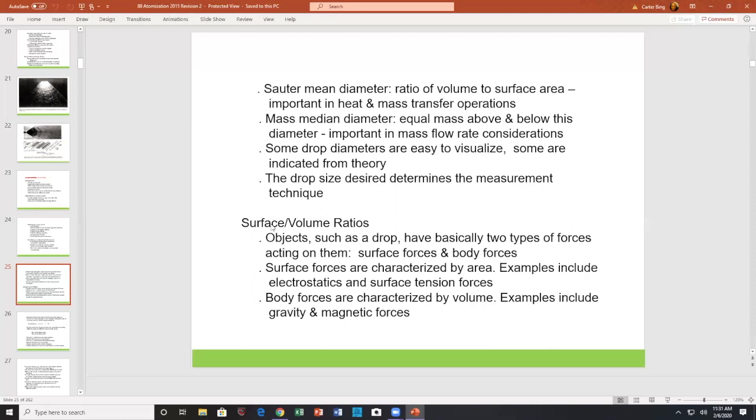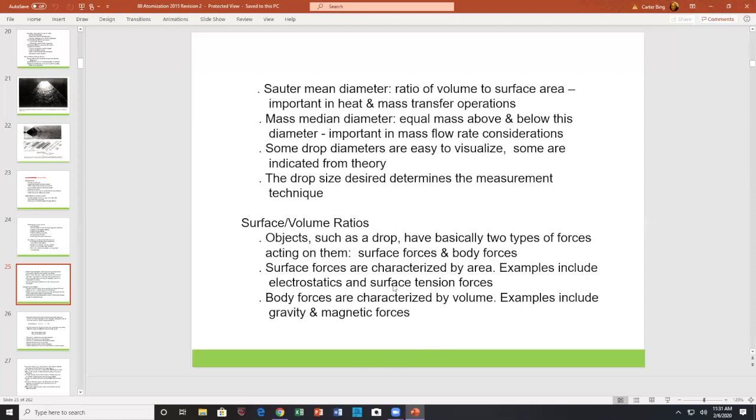So you have the ratio of surface to volume, very, very important. Surface is dependent upon surface area. Volume is dependent upon volume. You have surface forces and you have volume forces or body forces. Surface forces are characterized by area, body forces are characterized by volume.